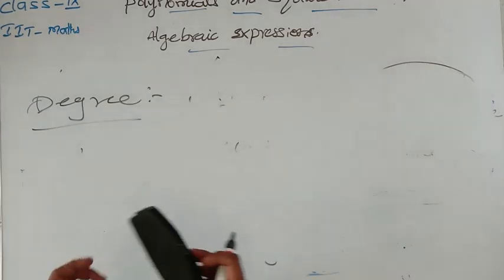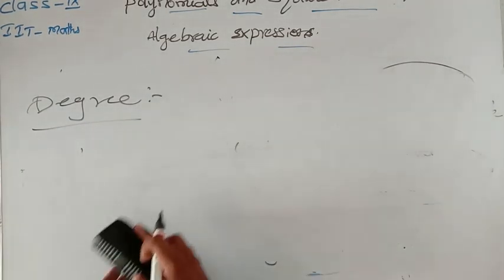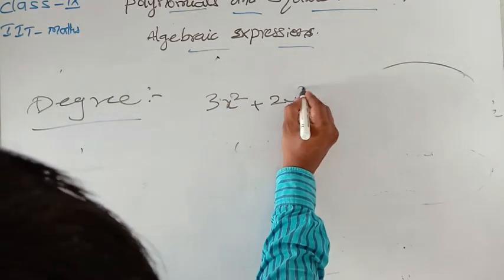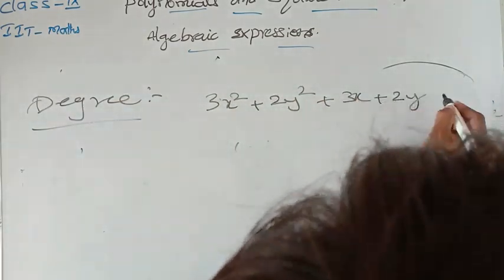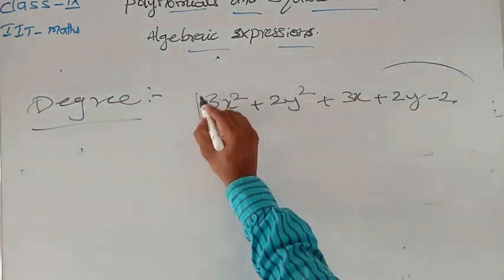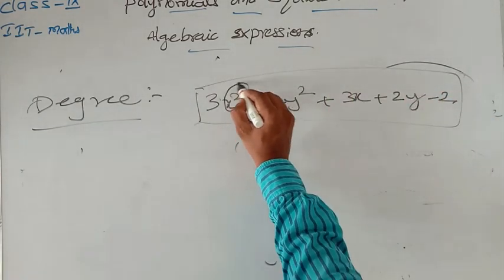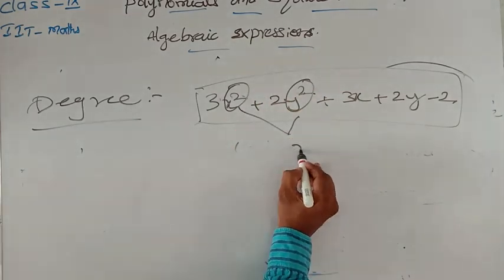The polynomial which contains the highest power in an expression is called degree. Example, I am taking 2x square plus 2y square plus 3x plus 2y minus 2. In these, the highest power for x is 2 and for y is 2. So when I am comparing these two, the highest power is 2.